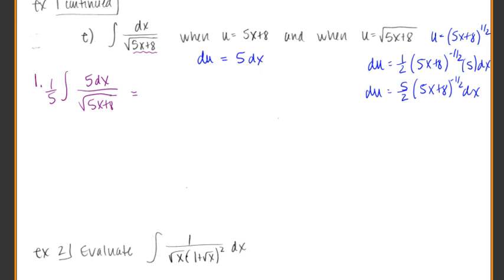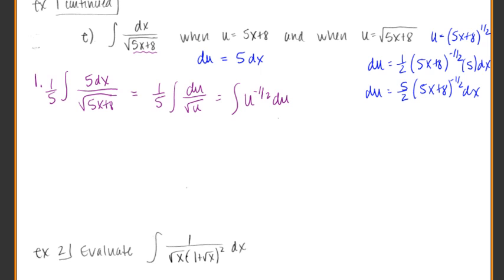Okay, so we're looking at the 1/5 times the integral of du over the square root of u by the time I do my substitutions. Or looking at it, it's the integral of u to the negative 1/2 du, because remember, square root is the 1/2 power.